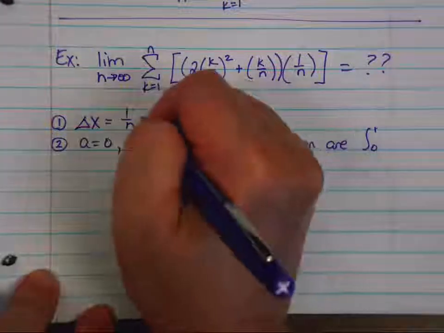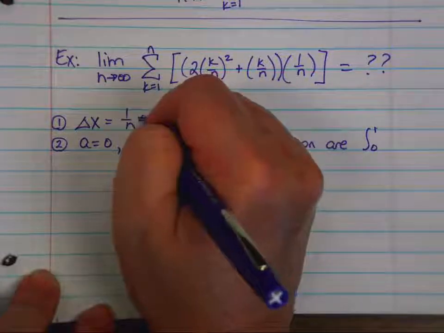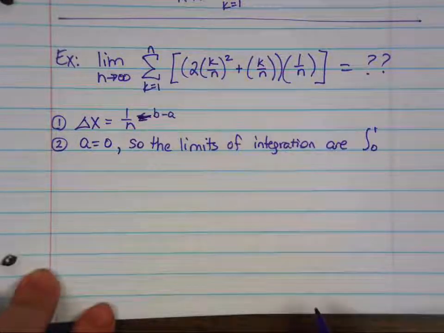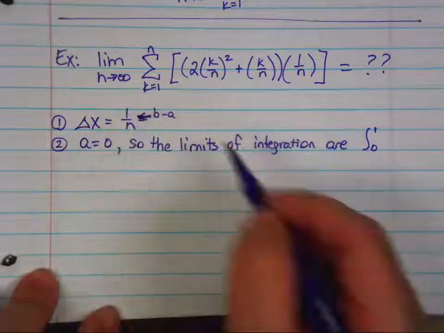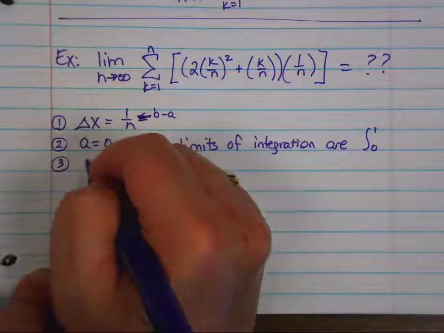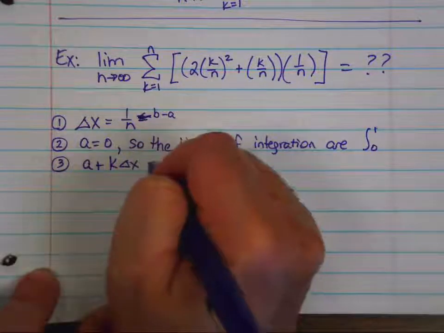Now, I'm going to write myself a note here. This is b minus a up there. And that helps me find this. Later on, you're going to go, wait a minute, how did I get that 1 again? Because the top is b minus a. Now, like we did on the other one, we have to write down what a plus k delta x is.